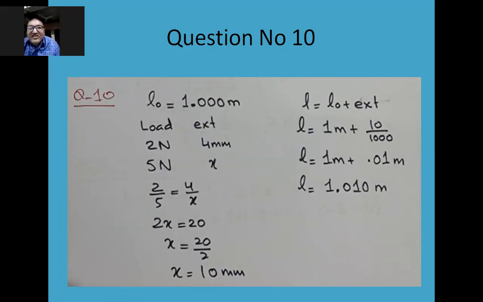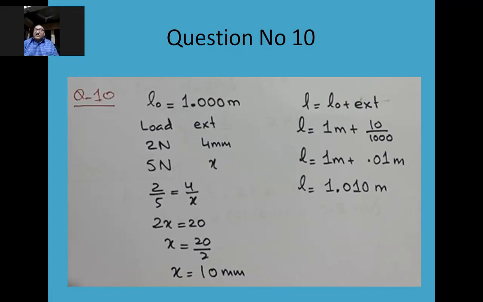So I can write this as a fraction. So that will be 2 by 5 equals 4 by x. So 2x will be equal to 20, and x will be equal to 20 divided by 2, and that will be 10 millimeter. So the unit they're using is millimeter. So there will be an extension of 10 millimeters. So the length is L naught plus the extension. The L naught is 1 meter and the extension is 10 millimeter. So I will convert it into meters.